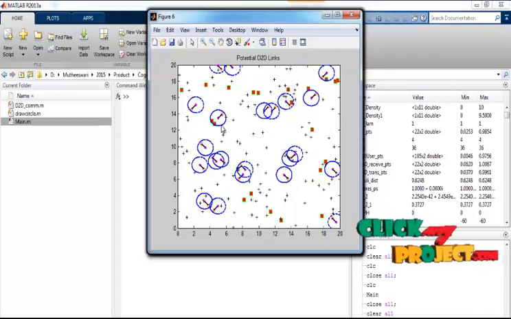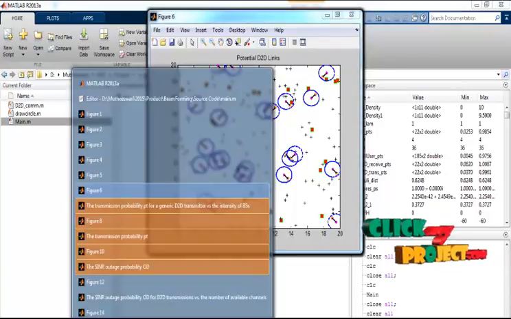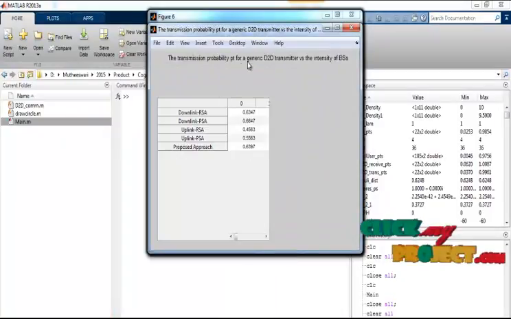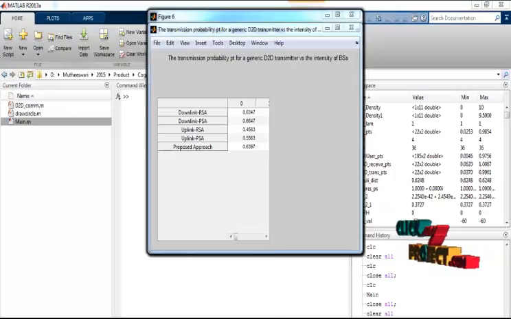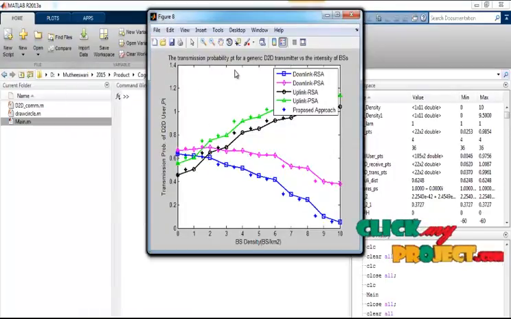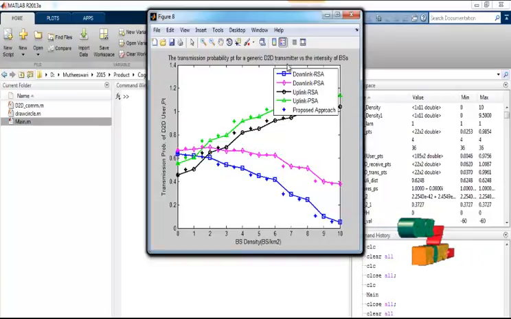Here is the circle having radius around the D2D transmitter, and this is the transmission probability plot for a generic D2D transmitter versus the intensity of BSs. The graph is plotted for downlink RSA and downlink PSA, as well as uplink RSA and uplink PSA, with the simulated results.